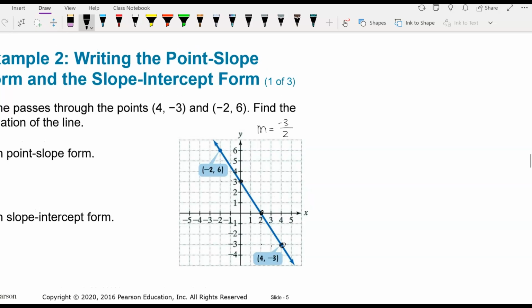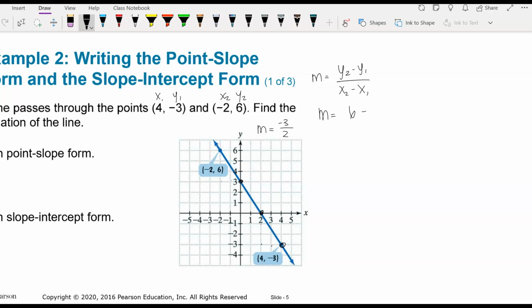You can also do the slope formula if you don't remember your rise over your run. So m equals y2 minus y1 over x2 minus x1.